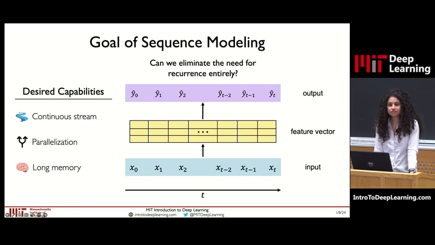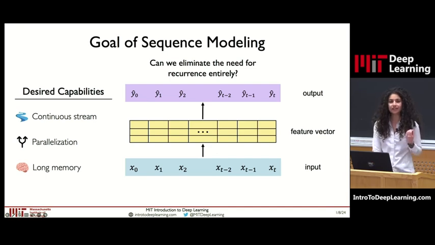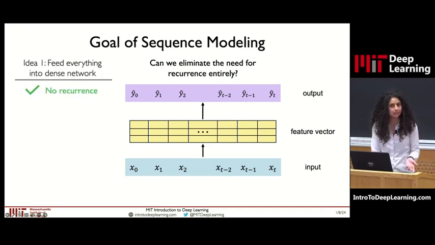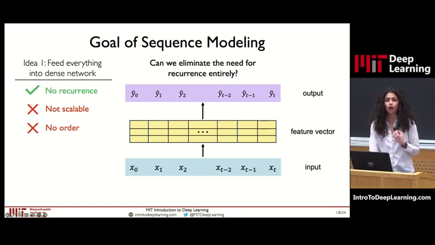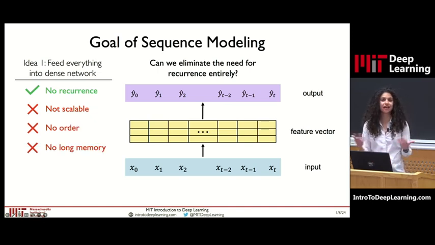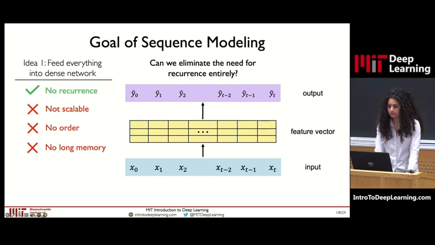Well, this may seem like a good first try, but while we've eliminated this recurrence, we've completely eliminated the notion of sequence in the data. We've restricted our scalability because we are going to put everything together into a single input. We've eliminated order, and as a result of that, we've lost this memory capacity.